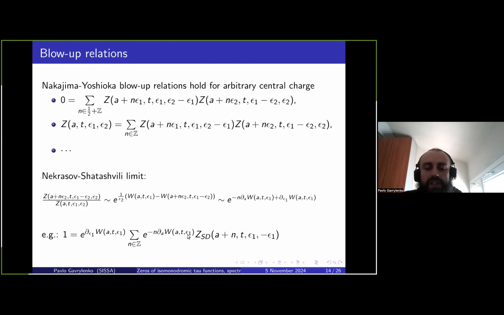So in some sense, this conformal block gives some explicit description of a zero of the tau function.